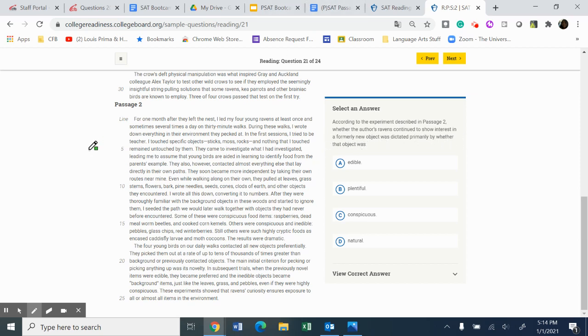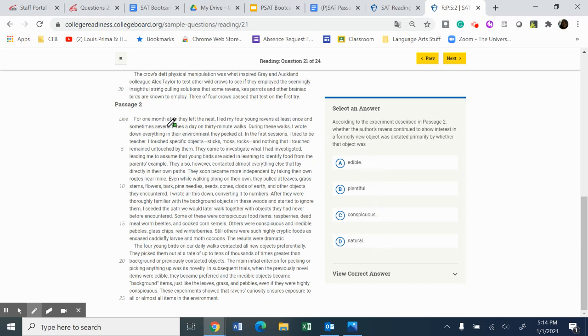So there's some sort of object that they might be interested in, and it's asking, were the ravens interested in it? They weren't interested in it, but then they were later because it was one of these things.